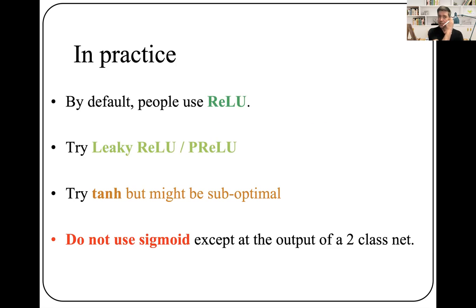So in practice, what do we do? We saw several options. In practice, most people nowadays, when I say most people, I mean most architectures, and for most applications, will use the ReLU. Why do we use the ReLU? It's simply because it works pretty well in most cases. And although there is this dying neuron problem, it does not happen that often because of stochastic optimization and because of batch optimization.